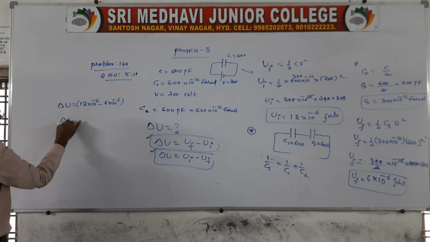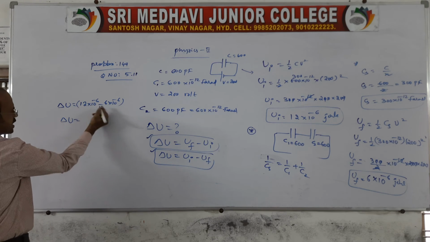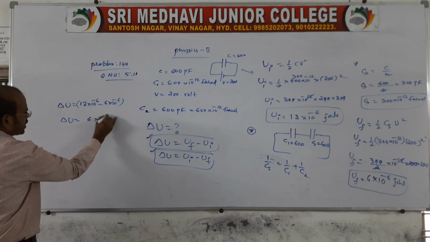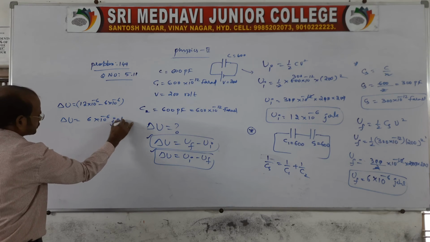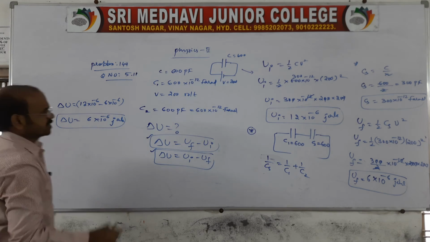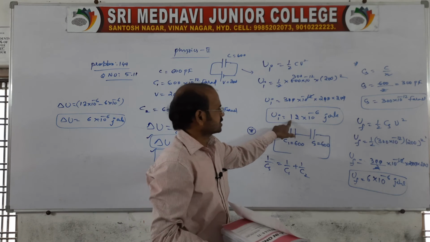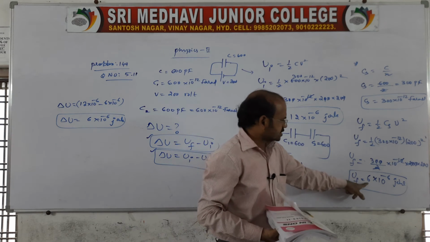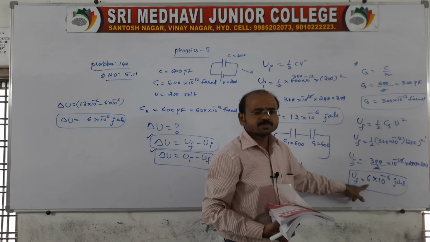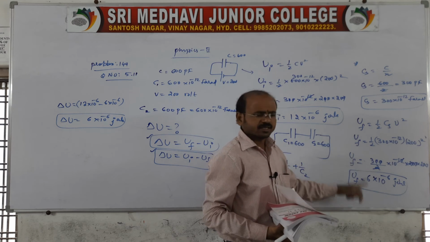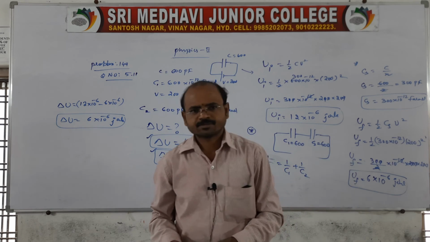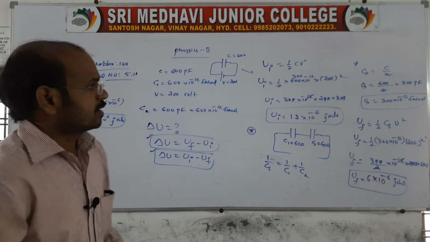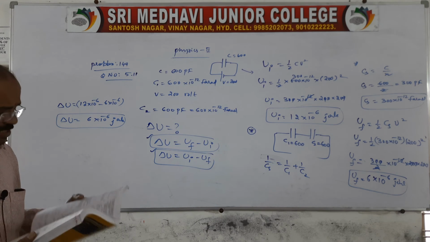So there is a loss in energy of 12 minus 6 into 10 power minus 6 joule. Here also we are getting the answer directly. Initial this, after disconnection there will be some loss. We are getting here the answer 6 is lost. So this is the energy stored in a capacitor.